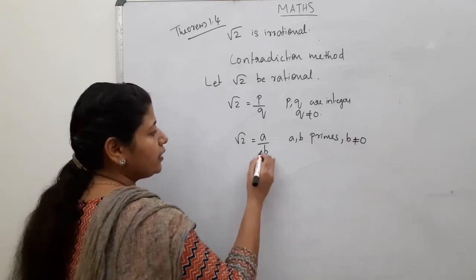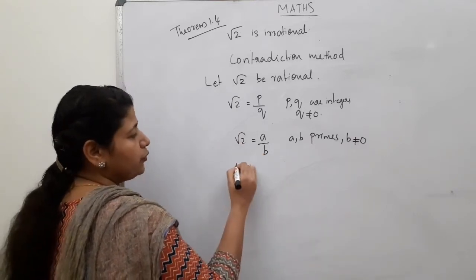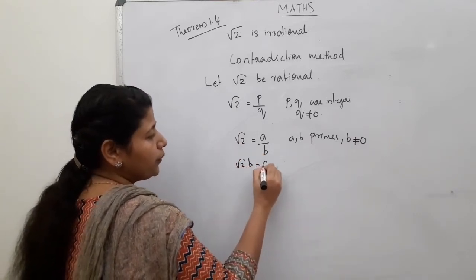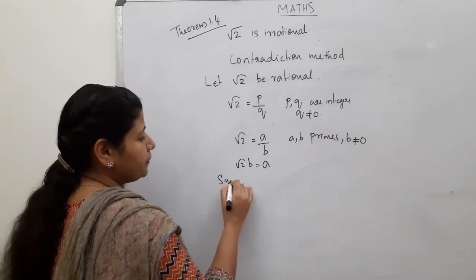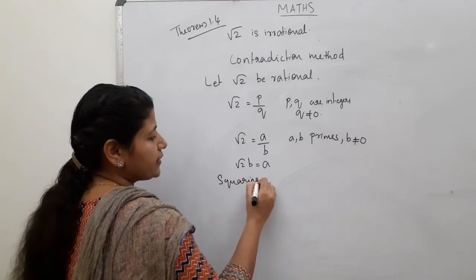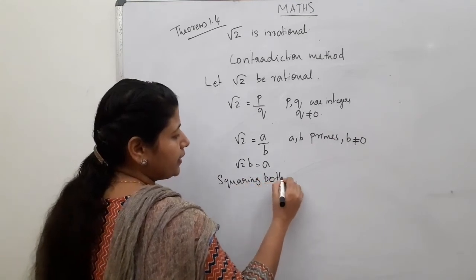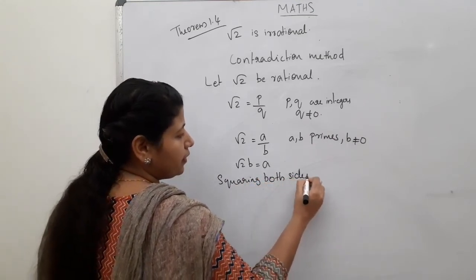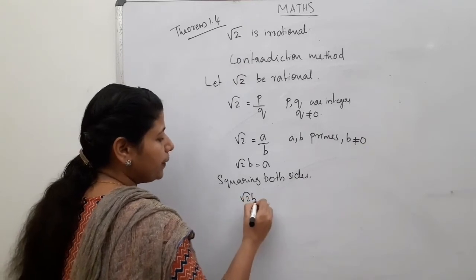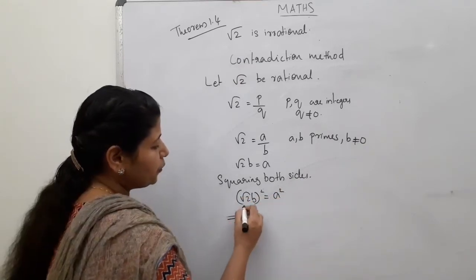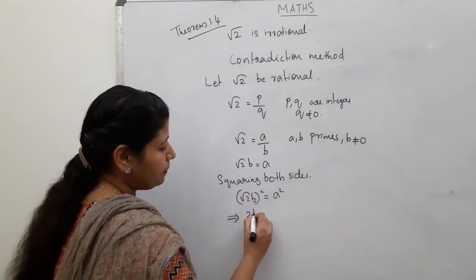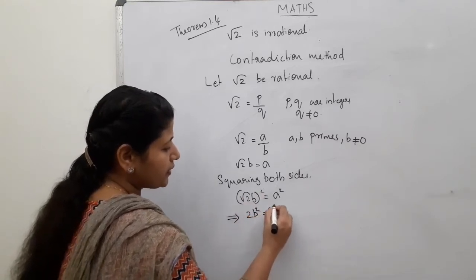Then we will cross multiply. Then you will get root 2 B equal to A. Squaring both sides, we get root 2 B whole square equal to A square, which can be written as root 2 square is 2, so 2 B square equals A square.